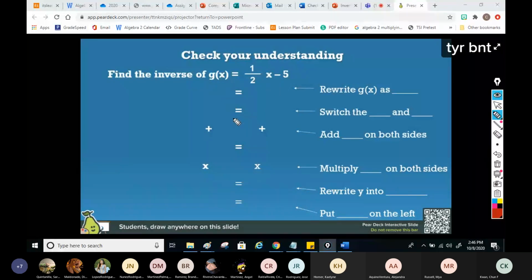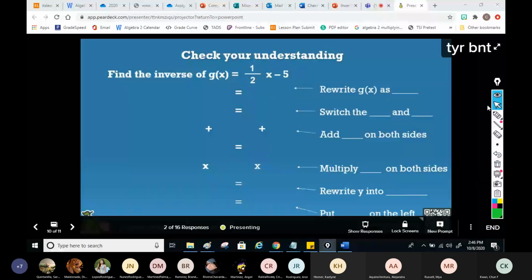The first 2 steps are easy. After that, you have to figure out how to deal with these 2 terms right here. You have to add some number, and then after that, you have to multiply some number. So look at the 2 examples that we did and see if you guys can figure it out. Just give it a try.